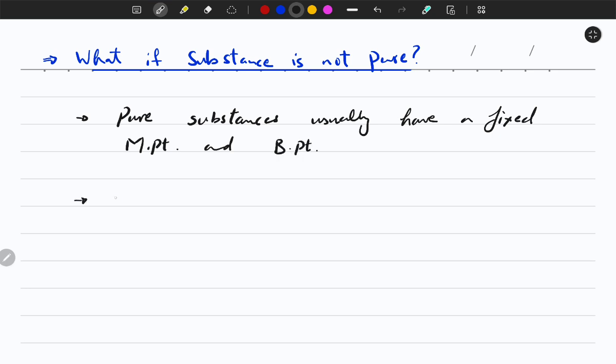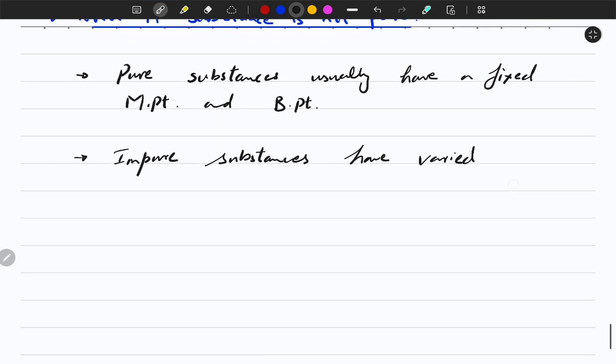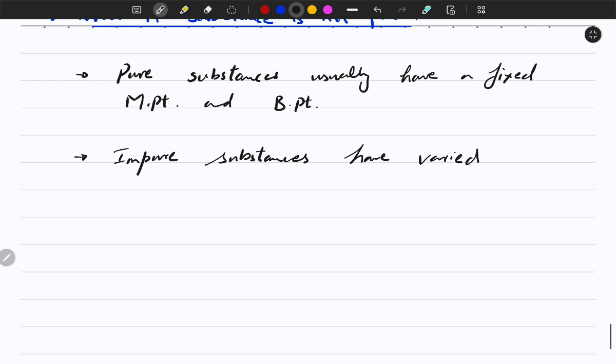If you add impurities, the impure substances have variable melting point and boiling point.